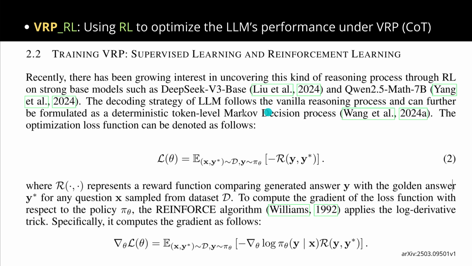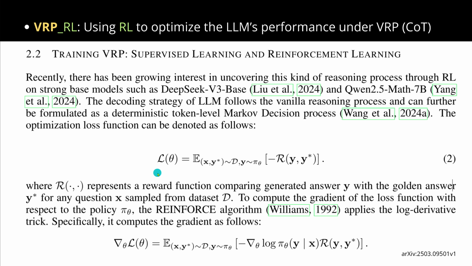This is the easiest one. It can be formulated as a deterministic token-level Markov decision process. And the optimization problem, because everything in AI is more or less an optimization problem. So we have a loss function that we want to optimize here. And this loss function L can now be noted depending on the parameters theta as this one. I hope you are familiar with this. Never mind.